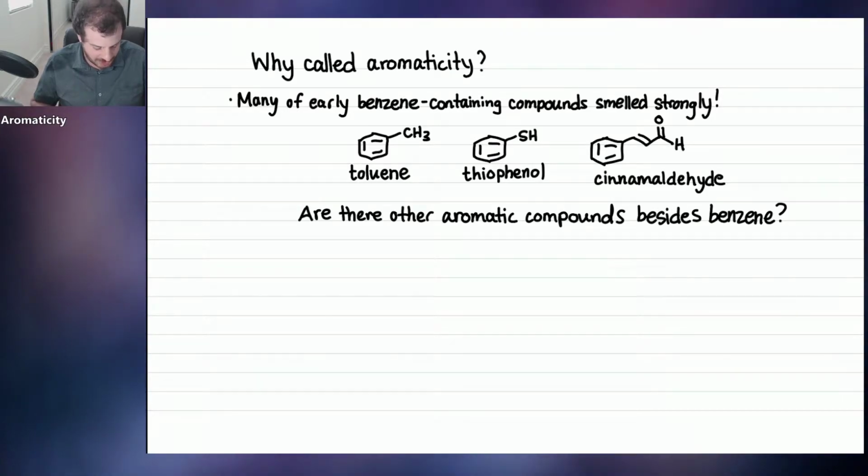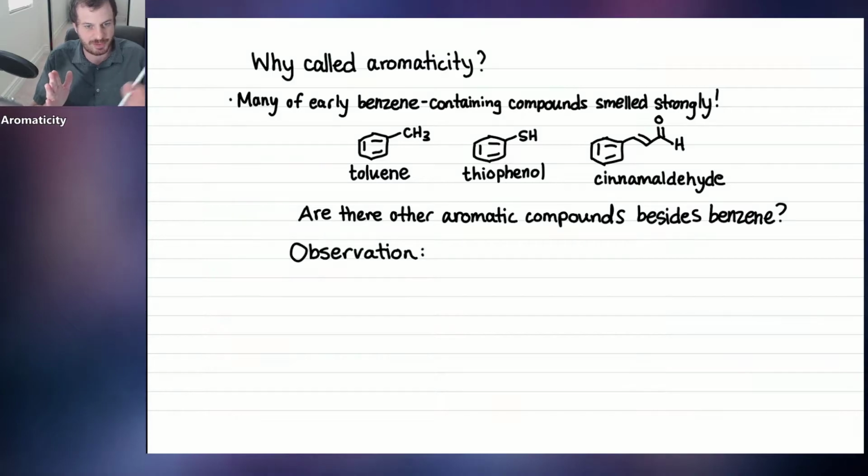So the observation that was made early on about benzene was that the aromatic stabilization might be due to conjugation inside of a ring. We saw conjugation in a straight line before, but maybe the thought was that all you need to be aromatic is conjugation enclosed within a ring. Maybe that is what aromaticity is.